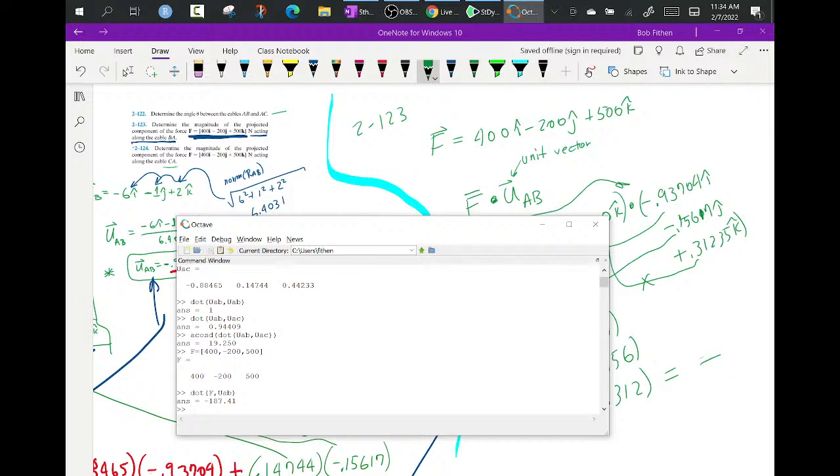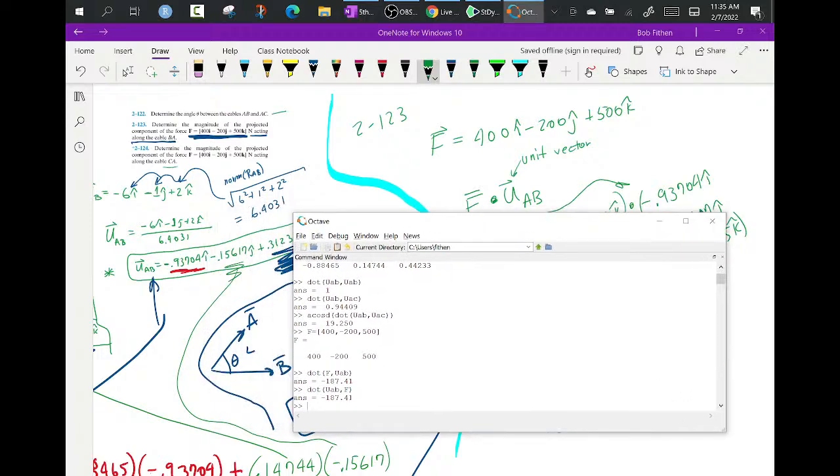Now, here's the deal. Is it a minus sign or a plus sign? Here's what's funny. I can flip this and I'll get the same thing. Now, what does the sign mean?